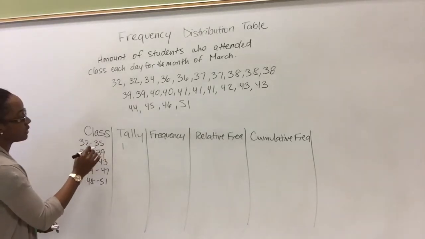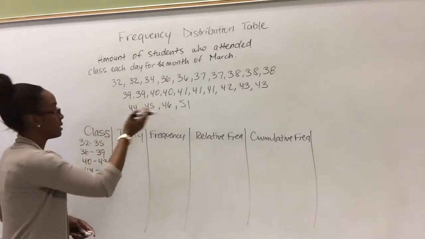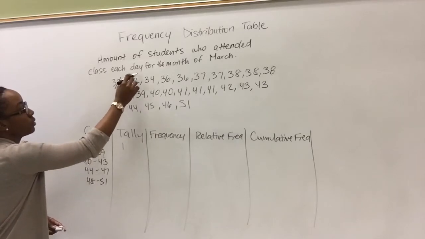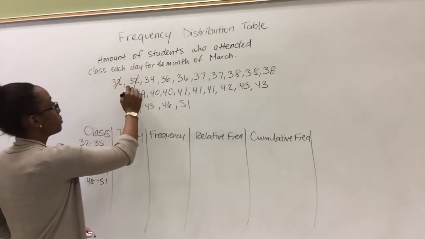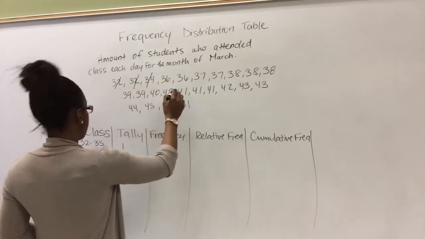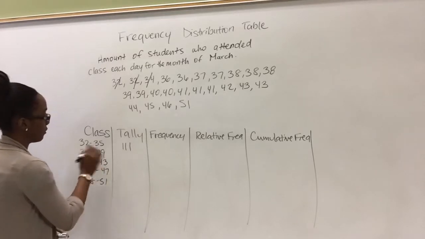Now, for tally, you would use the numbers between the class limits as to what's in your data set. So for 32 through 35, we have one 32, two 32s, and three for 34, and that'll be it. So you have 3 numbers you could put in for tally for the first set.